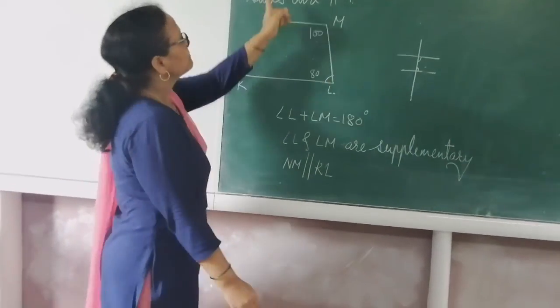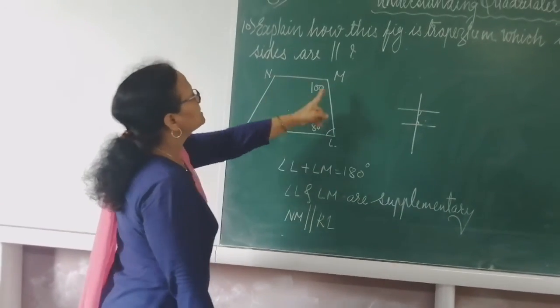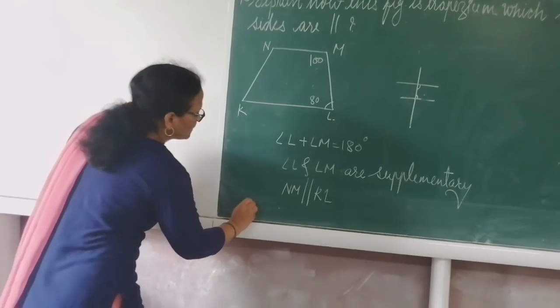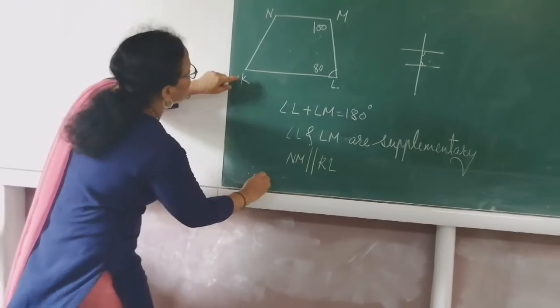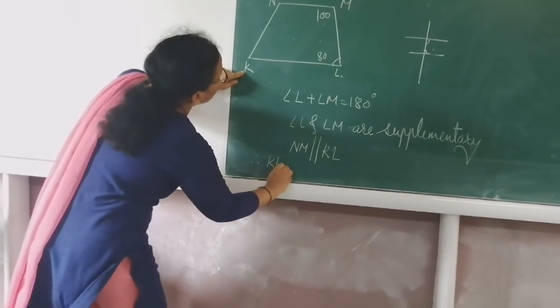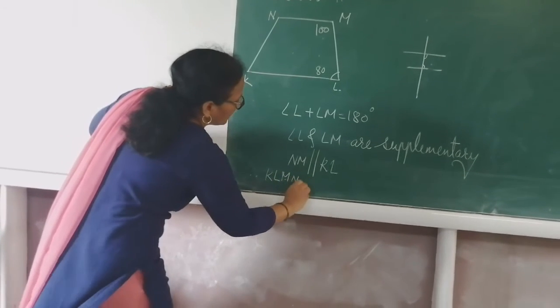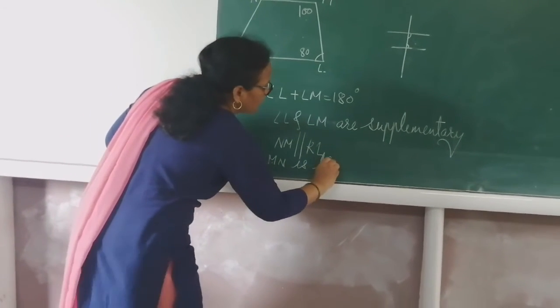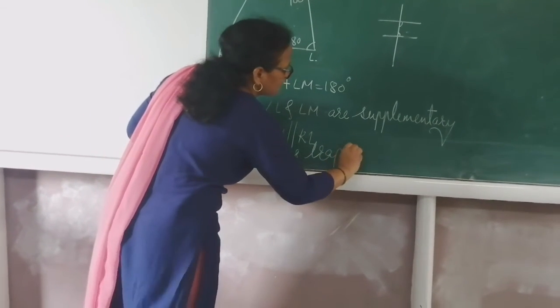If they are parallel, that means here we have proved that this is a trapezium. So we can write down: therefore, KLMN is a trapezium.